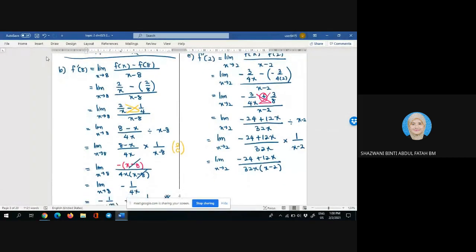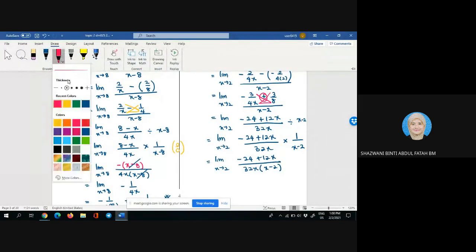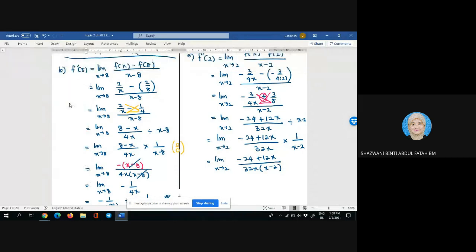When you substitute 2 into the function, you will get 0 over 0. So again, we have to factorize. When factorizing, numerator and denominator, you can do something with 24 and 12 there.